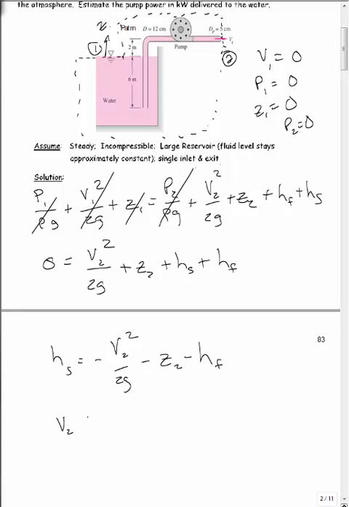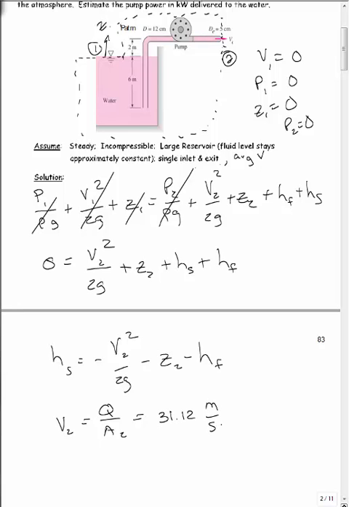V2, did I assume average velocity? I didn't, but let's do it. Average V, okay. V2 is Q over A2, and we're given a diameter up there, D2. So if I just plug those in, 31.12 meters per second.